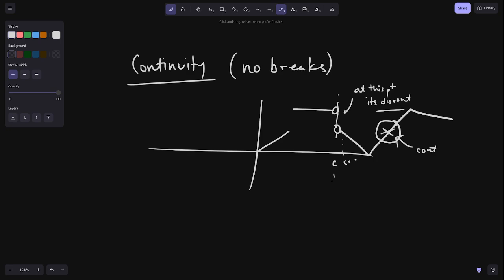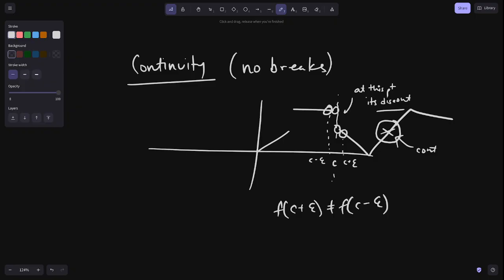This will be what? C plus epsilon. And this point will be what? C minus epsilon. So the value at C minus epsilon is not equal to that. So f of C plus epsilon is not equal to the value at C minus epsilon.